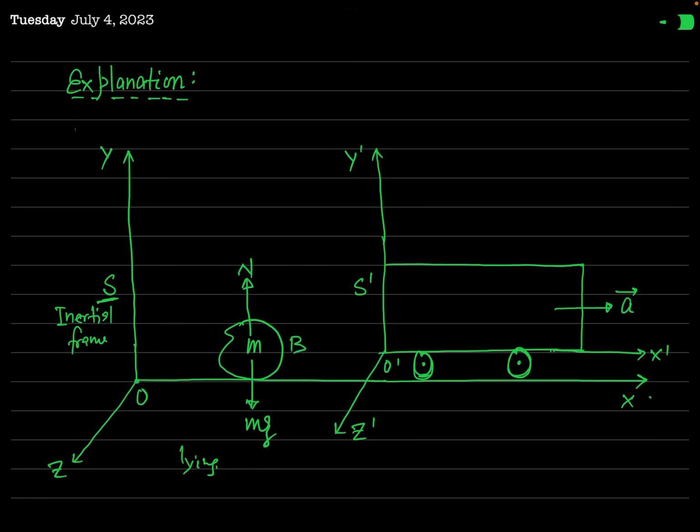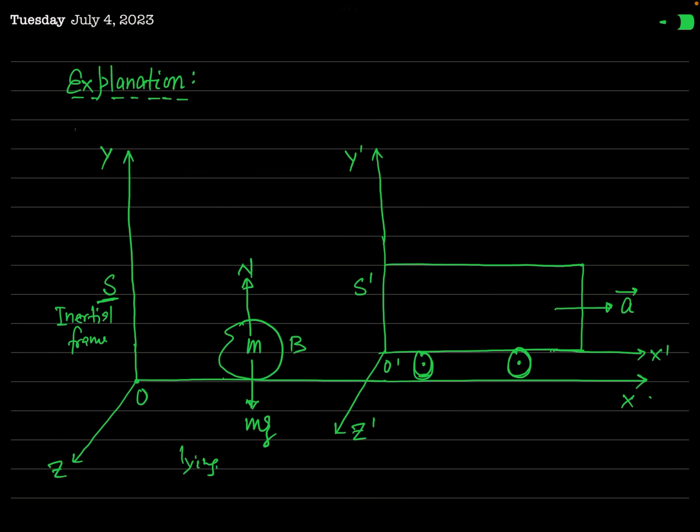Now, this observer O has to decide whether the frame S is an inertial frame or not. How will he decide? For this, let us see what forces will act on this body B. You know, the first force will be the force of gravity, which is mg, acting in the downward direction.